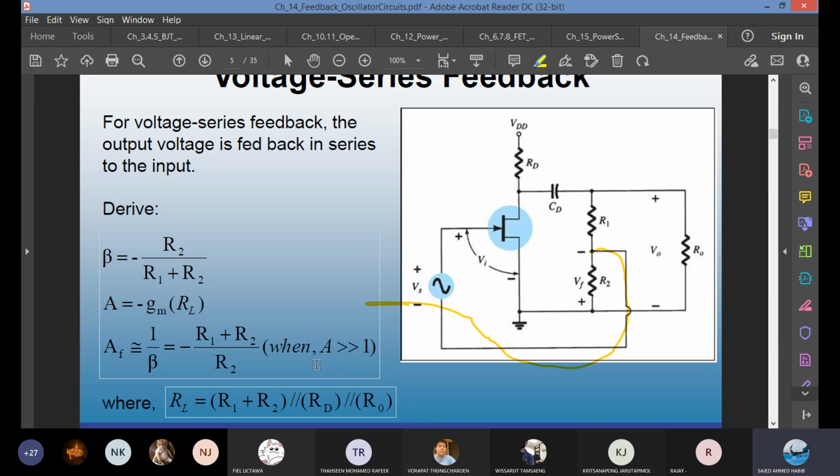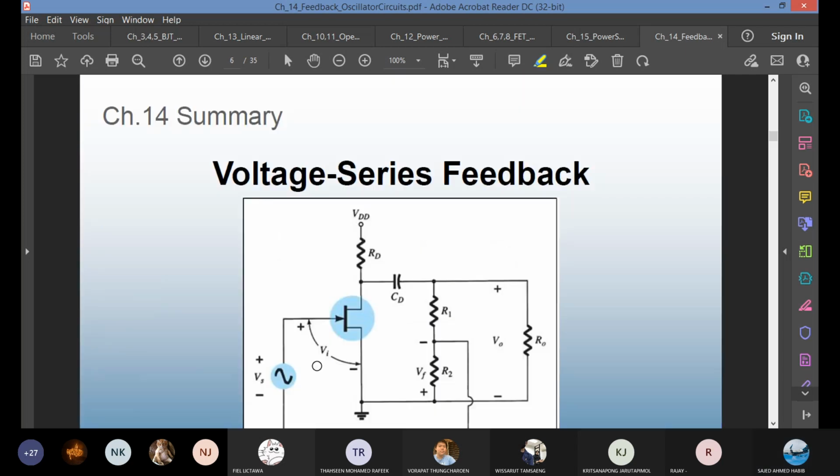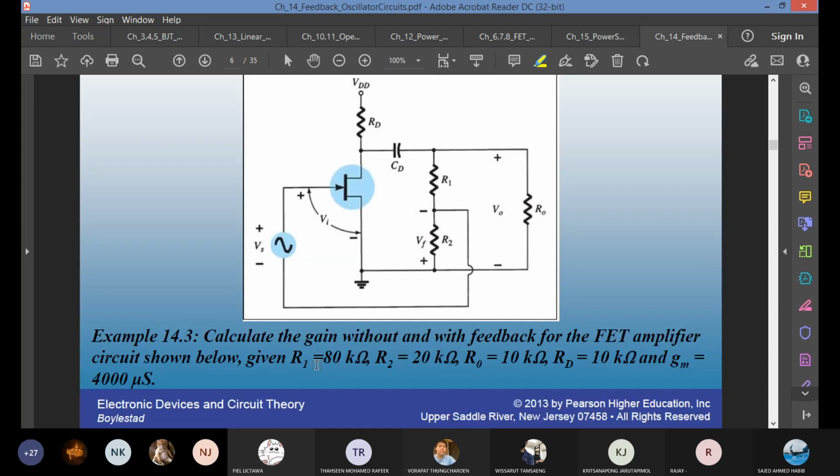So you did it correctly. And beta was minus 0.2. Gain with feedback you found about minus 4, I think, which was also a correct answer. I think I asked this question. I'm not sure. Or I changed the GM value.